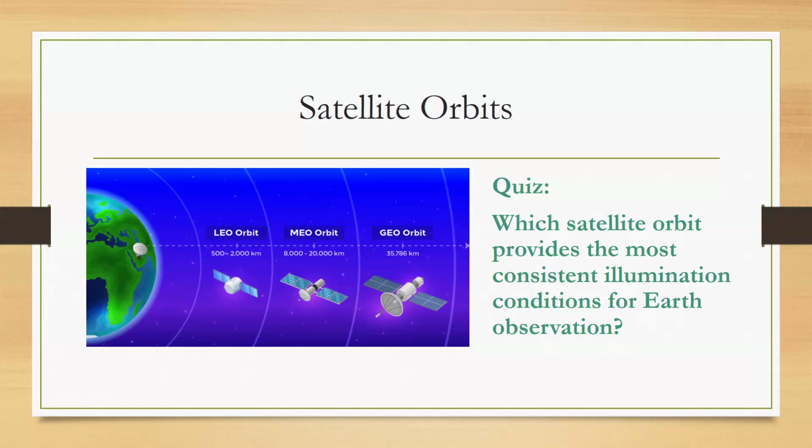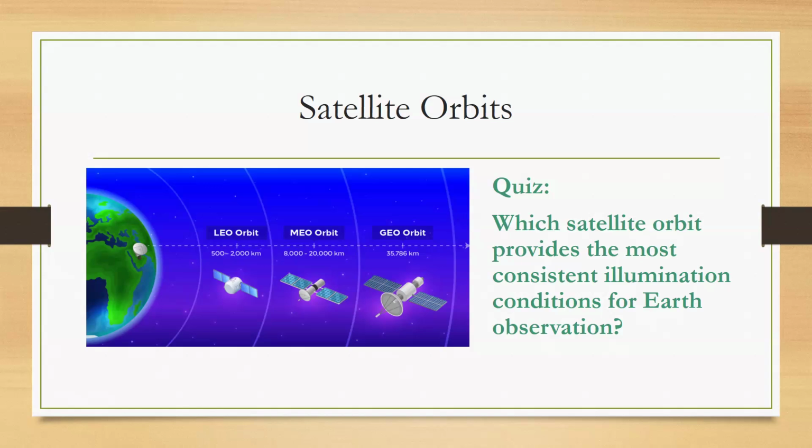The sun synchronous orbits I mentioned earlier are in low Earth orbits, but in kinds of orbits where they pass any part of the Earth at the same local time.